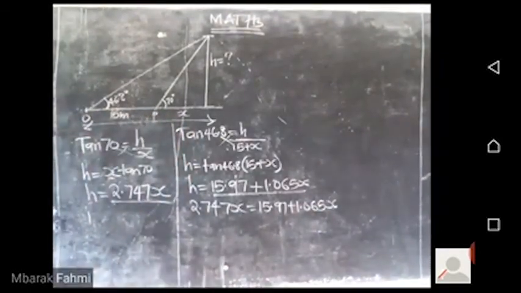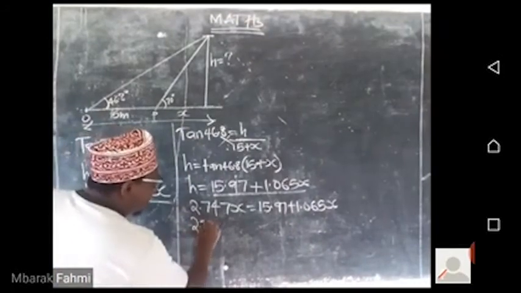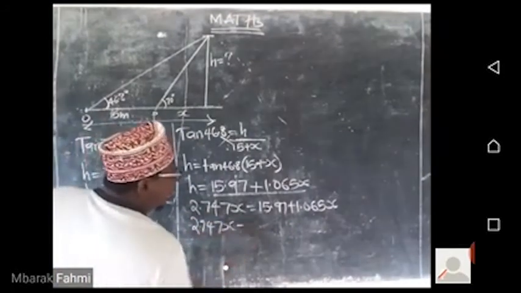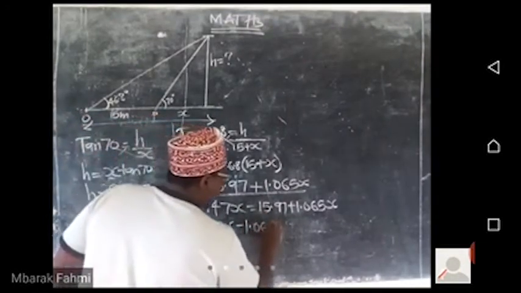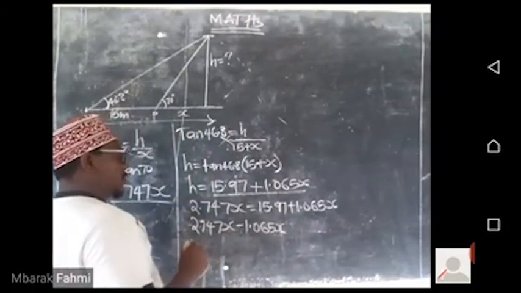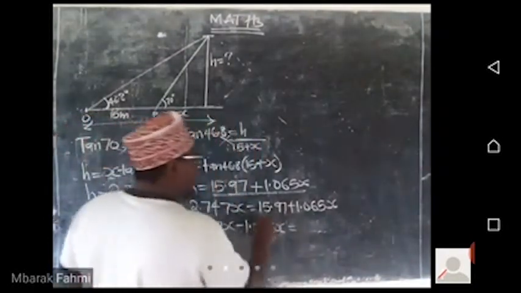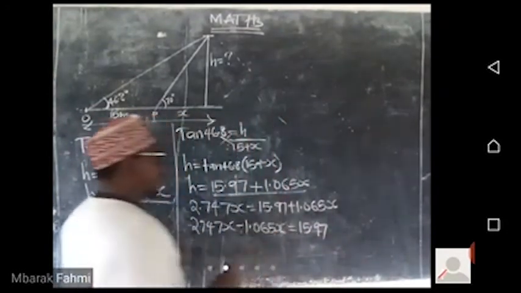From there, we bring them together. We collect like terms and say 2.747x minus 1.065x is equal to 15.97.